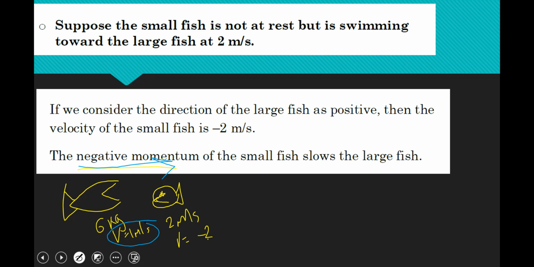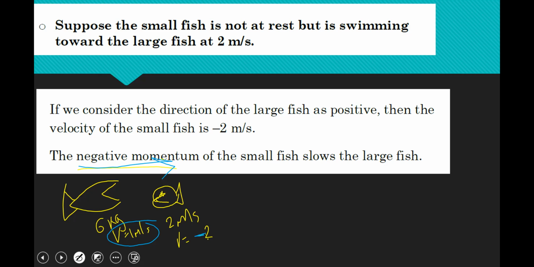Since velocity is a vector quantity, it needs a direction, so I have to say that it's negative because it's going toward this fish. Is it clear why it's negative? Yes, it's right.